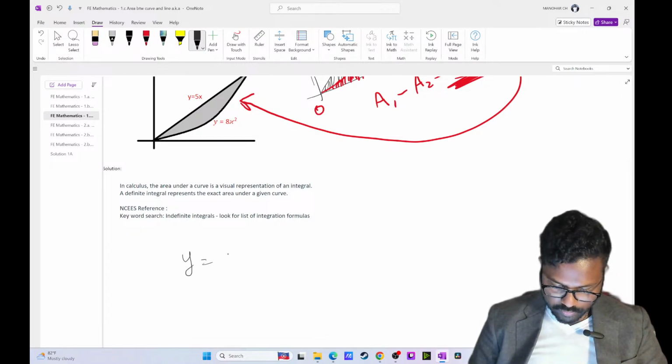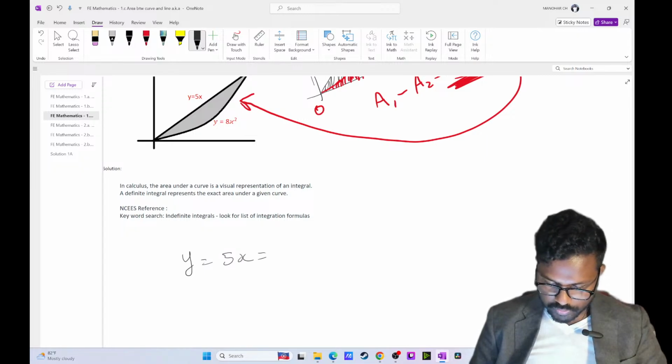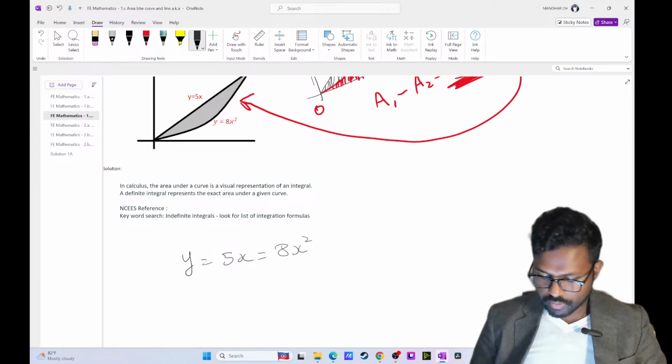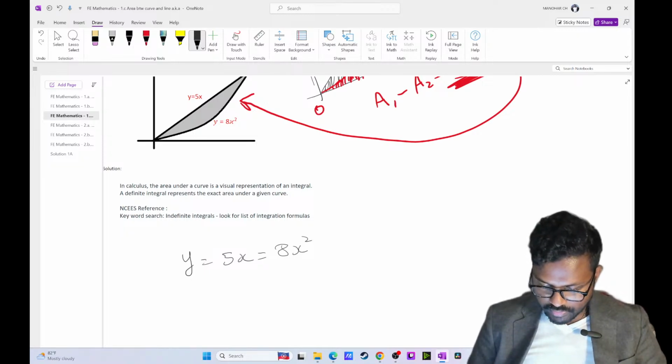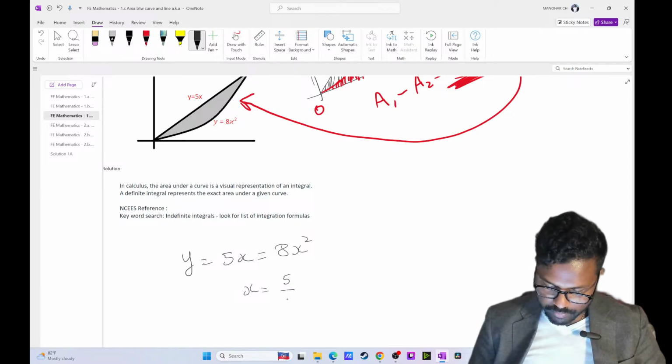So y is equal to 5x is equal to 8x square. So those of you who want to directly put it in the calculator, use it and solve. And you will find x is equal to 5 by 8.